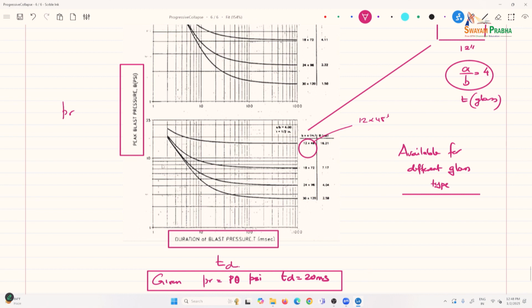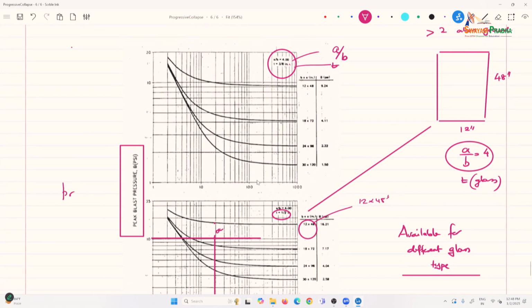So PR is 10 and TD is 20 right here, and the thickness is half an inch, so here this is the glass. So you are under, so you are fine, you are okay.